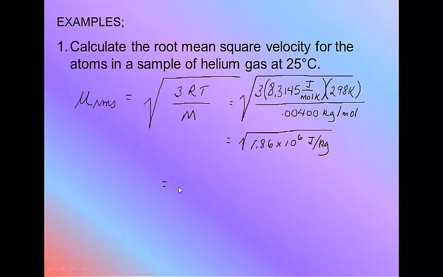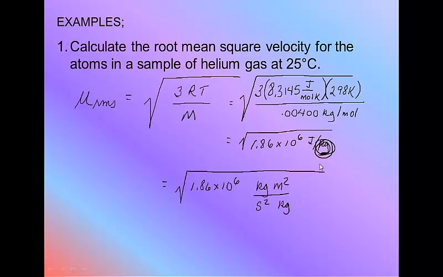Now, again, just to bring it on home, 1.86 times 10 to the 6th, and a joule is a kilogram meter squared per second squared, per kilogram.